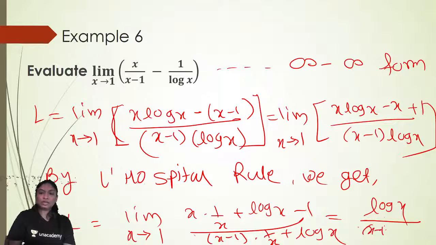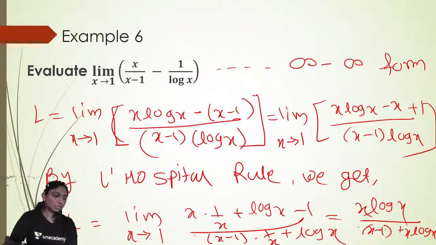So ultimately x minus 1 upon x plus log x. So plus x log x upon x, it means x log x upon this. Okay. So you will get this. So limit as x tends to 0.